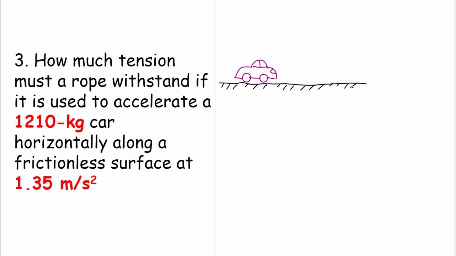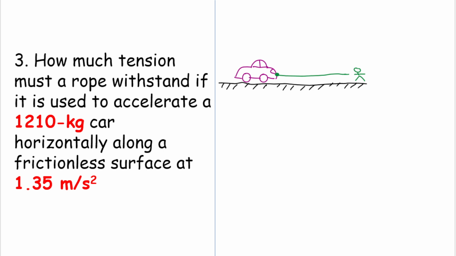And this car is pulled by a rope. Let's tie that in here, and this rope goes from there. Maybe someone is pulling this car here, like this.